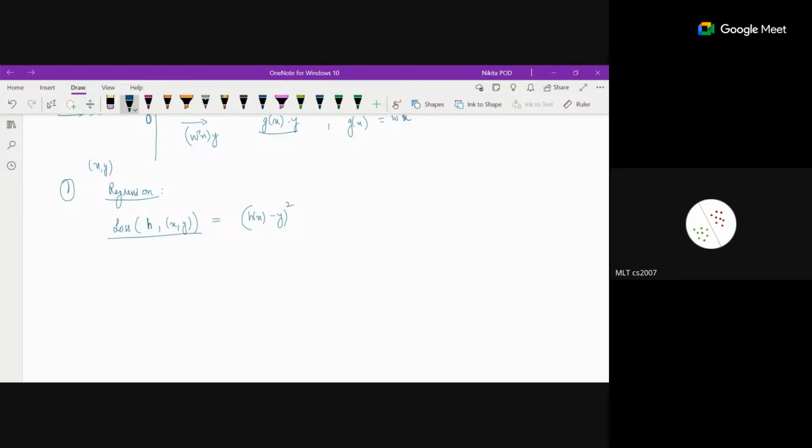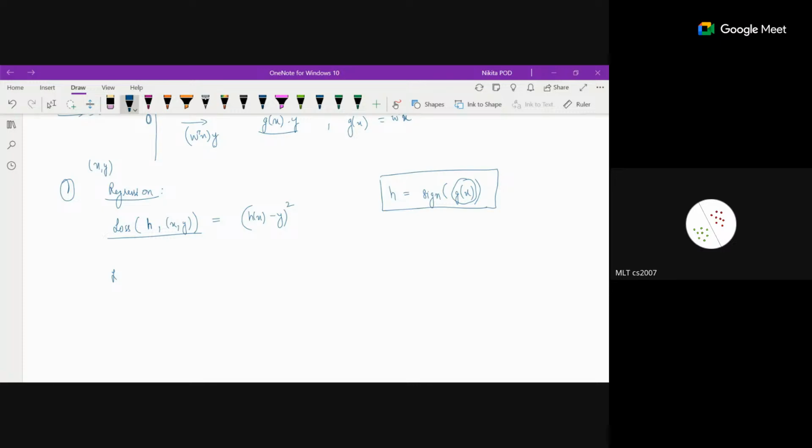So let's stick to regression. Since this is a classification problem, we are going to define my H as sign of g of x. And what is this g of x?